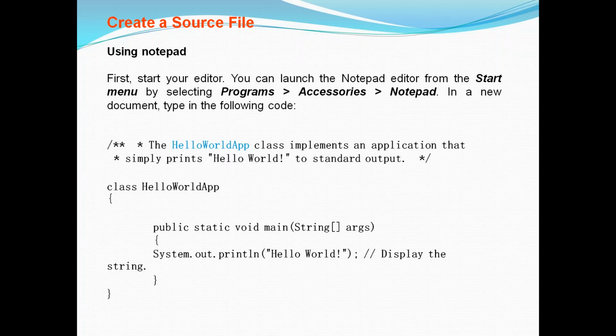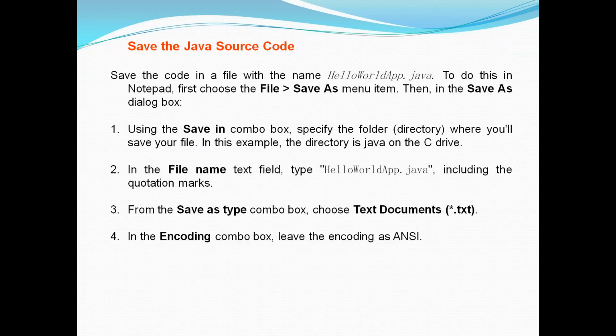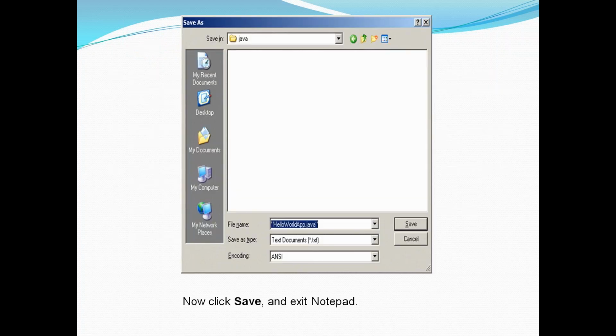For that, you have to switch to the command prompt. How can you open the command prompt? For that, you have to type cmd. I'm going to show you how you will compile it.